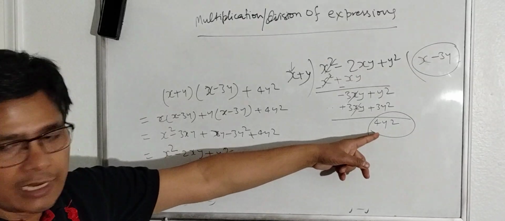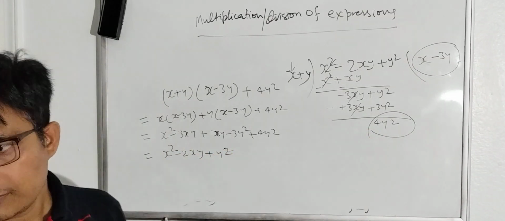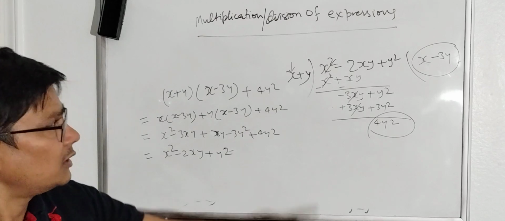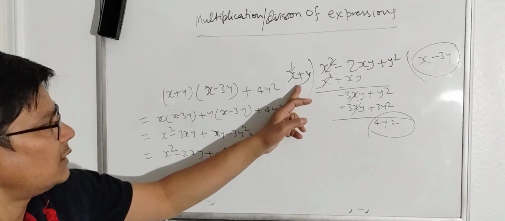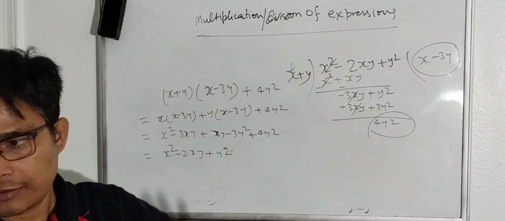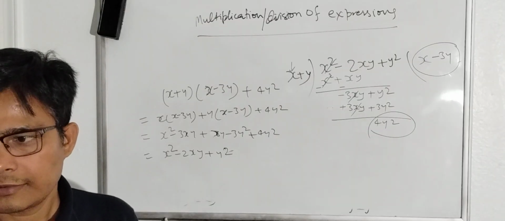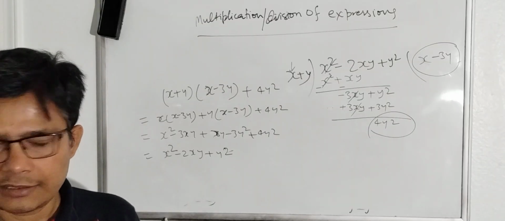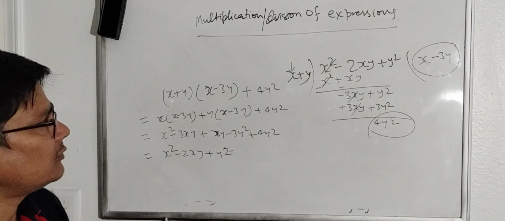And when you are left with one term, look at the board, stop there, because it cannot continue, because x plus y cannot divide x square minus 2xy plus y square. There will be some remainder. Okay, did you understand? Okay, let me give you some examples and see if you understood.